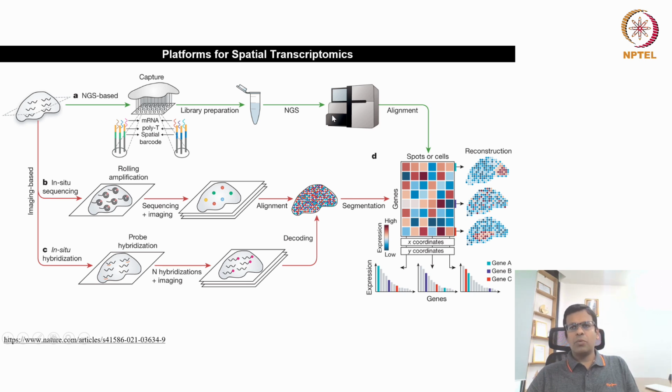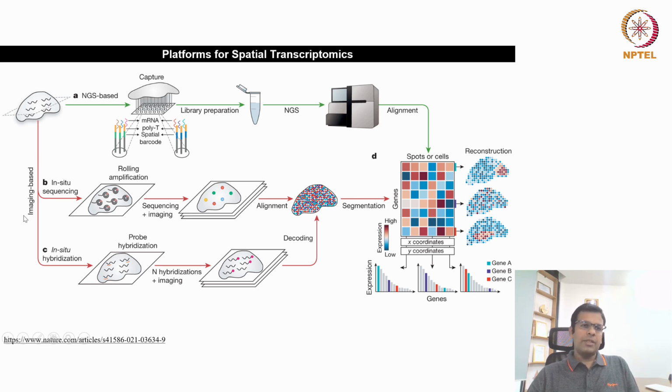Then you can align your sequencing, do the data analysis, and reconstruct the image of the tissue, and you can get to know that in this area the gene expression was high, whereas in this area the gene expression level was low. So that is an NGS based approach.